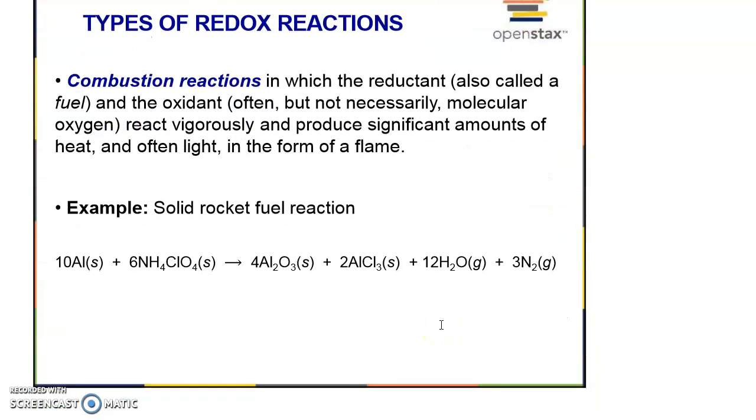For example, in a combustion, here is an equation. Let's check the oxidation number for aluminum here. Aluminum here is in its elemental form, and therefore the oxidation number is 0. Let's look at it over here. Oxygen typically will have an oxidation number of -2, and since we have 3 of them, we have to multiply that by 3.